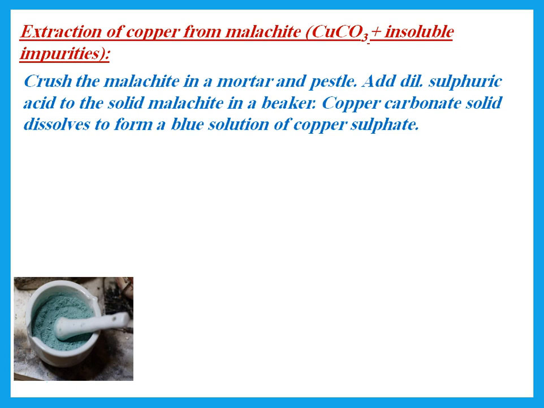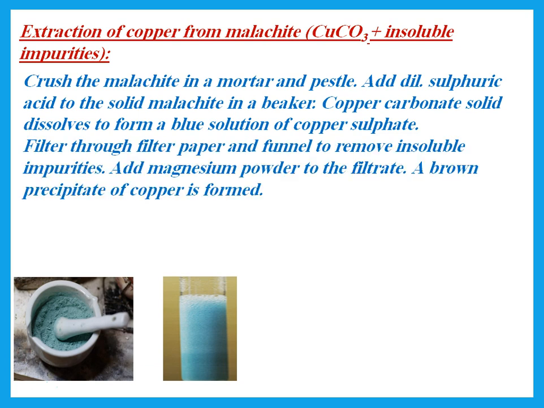So the first thing I'm going to do is crush the malachite in mortar and pestle. And then this is a carbonate, so it will dissolve in acid. So we add dilute sulfuric acid, for example, to the solid malachite in a beaker. The copper carbonate solid will dissolve to form a blue solution of copper sulfate.